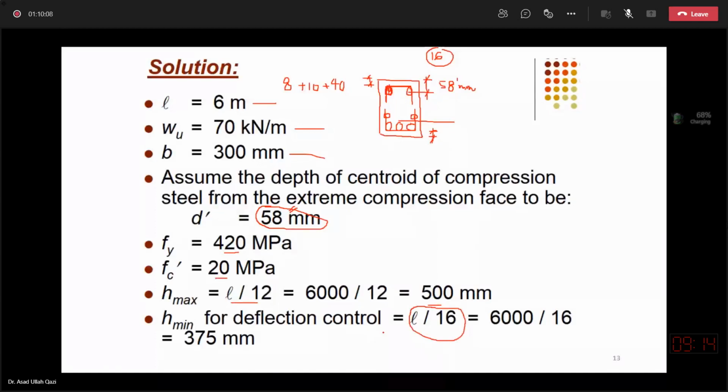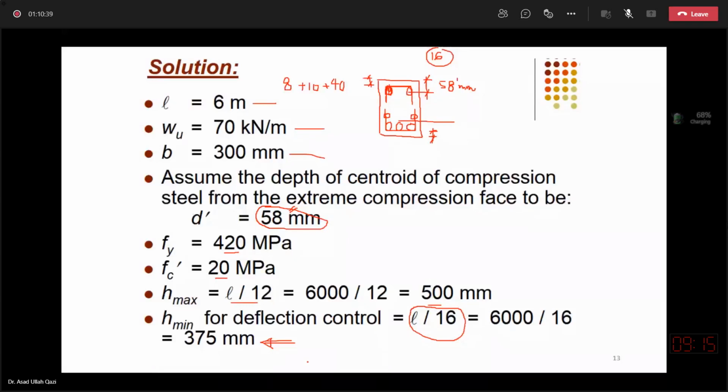So I am satisfied that the architect is not asking me for something unacceptable, because serviceability is very important. Otherwise, the immediate deflections will increase, and a sagging system will not be a preferred choice in design. So I am satisfied that 500 is well above the restriction of deflection.